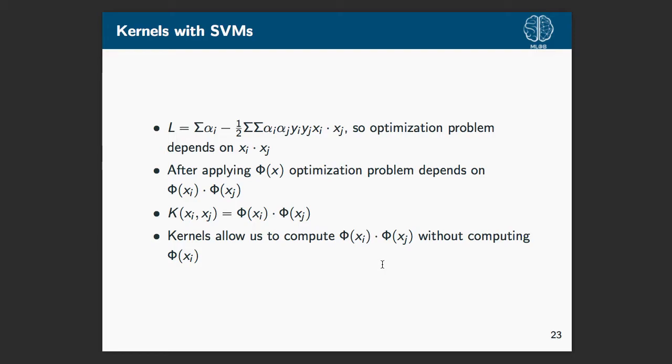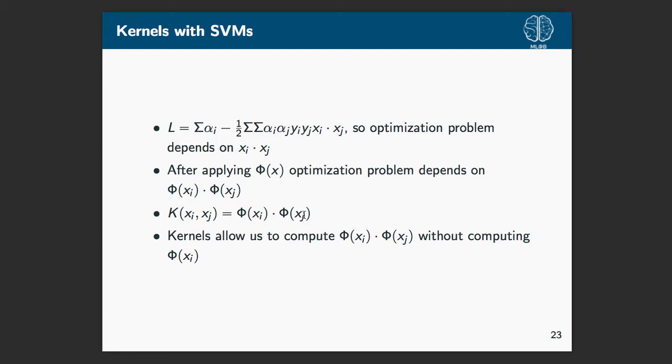So after applying this function phi of x, the optimization problem would depend on the function applied to each of the xi, xj. You can compute it like this, but let's define a function k of xi, xj equal to this, after the transformation is applied to each individual xi, xj point.